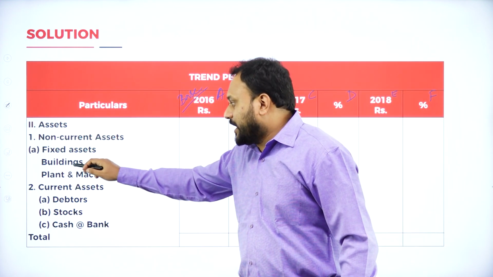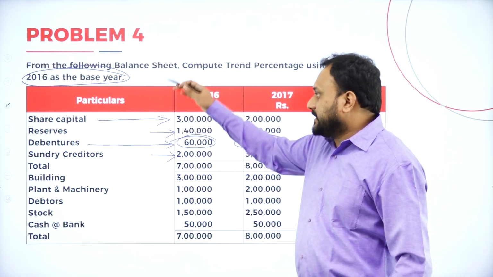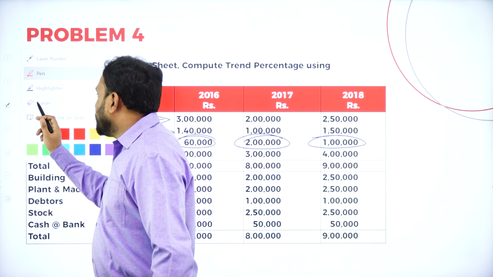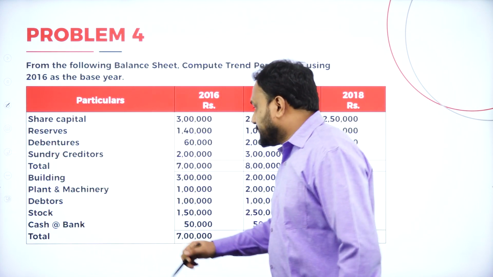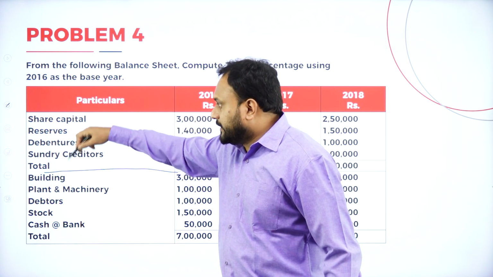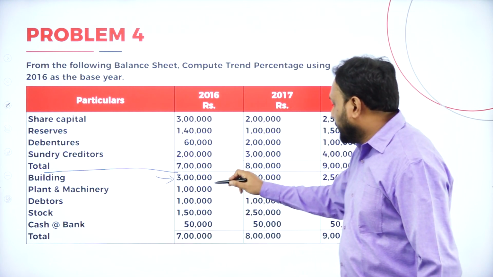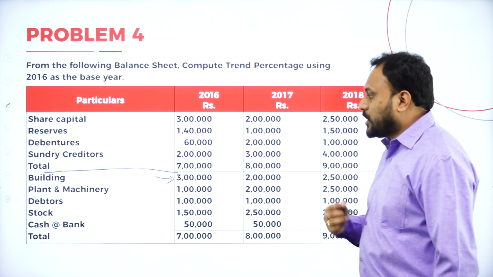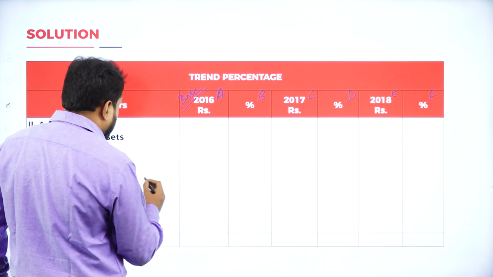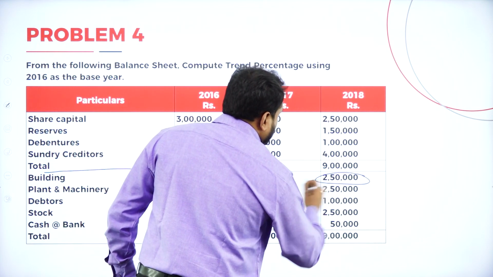In the fixed asset, we have building, plant and machinery. So go back to the question here. Now I'll erase everything for you the same way, the way I went with the calculation. Till here it is all done. Now we'll go with building. How much is the building? 3 lakh, 2 lakh, 2 lakh 50, right?